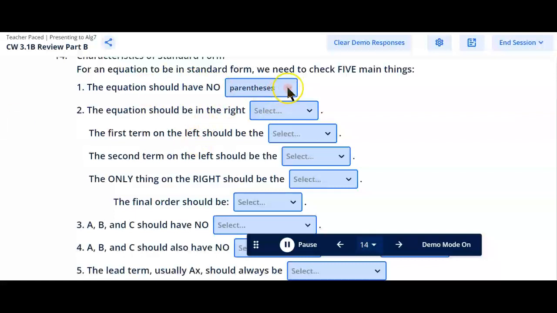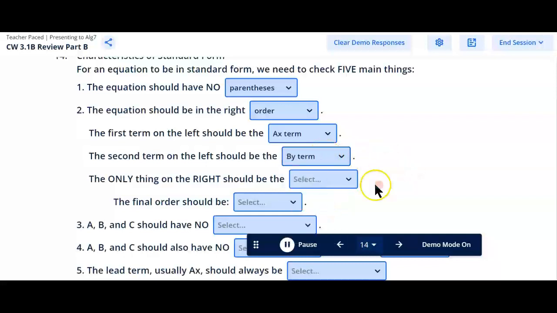First, our equation should have no parentheses. Then our equation should be in the right order. What should be first on the left? The AX term. The AX term comes first, followed by the BY term.